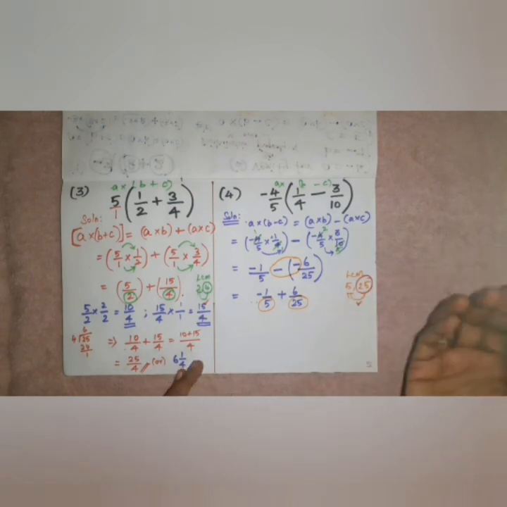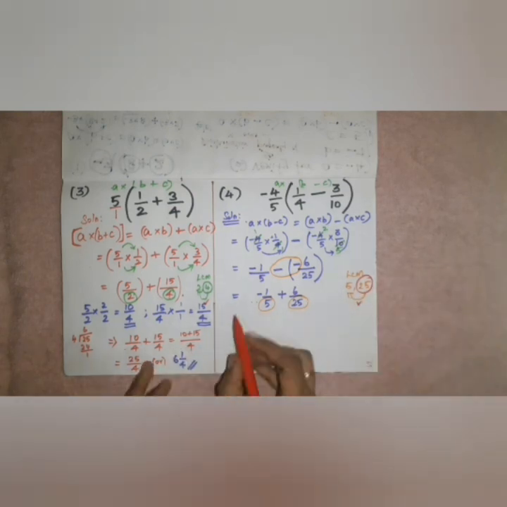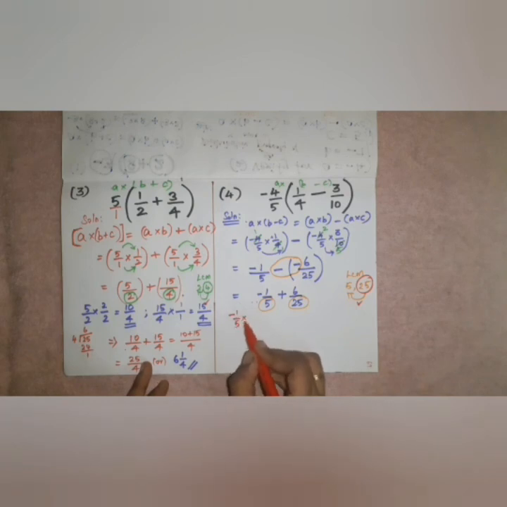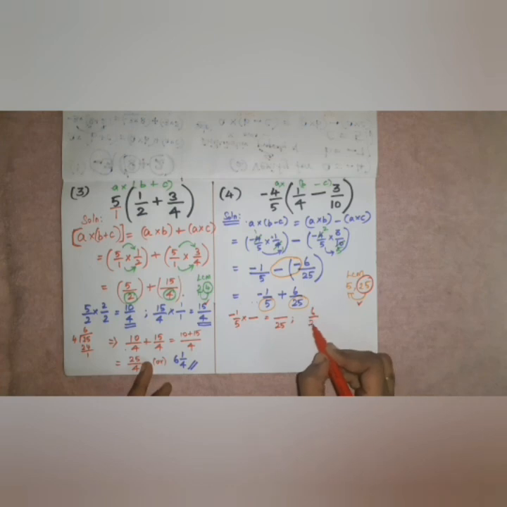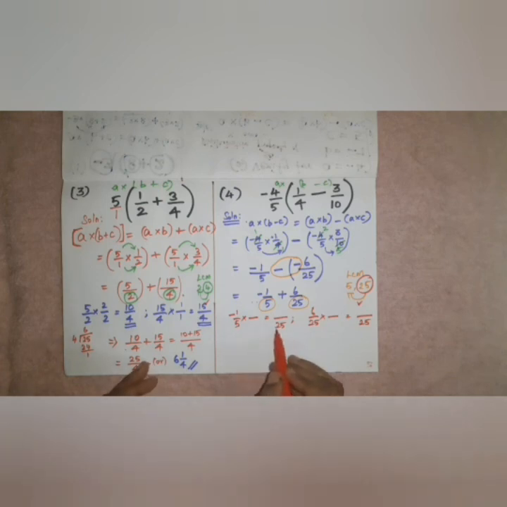So how can I change it? Minus 1 by 5, the 5 I have to change to be 25. What do I need to multiply with 5? 5 5s are 25.